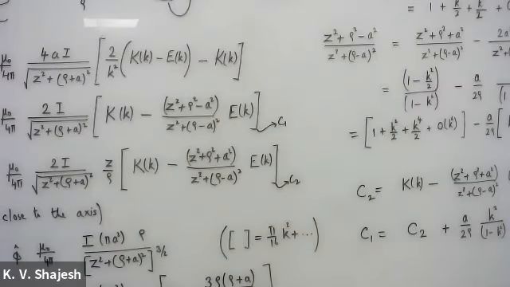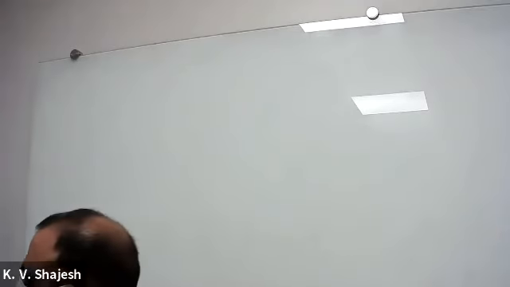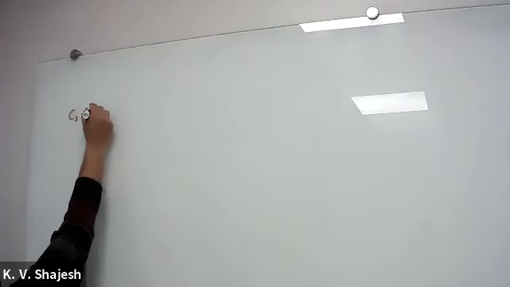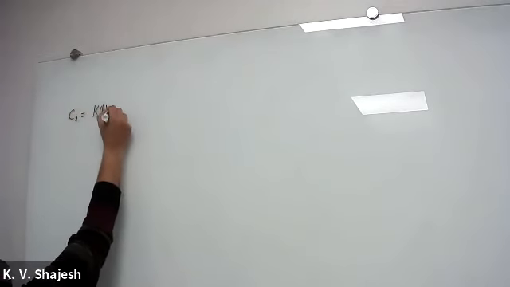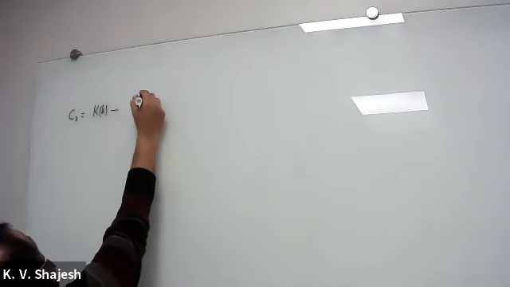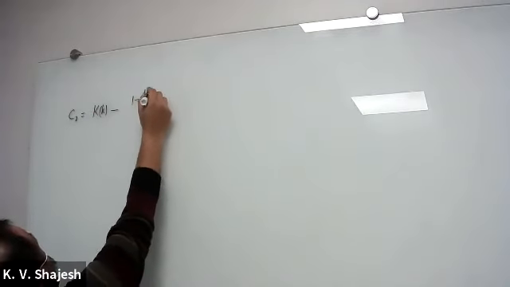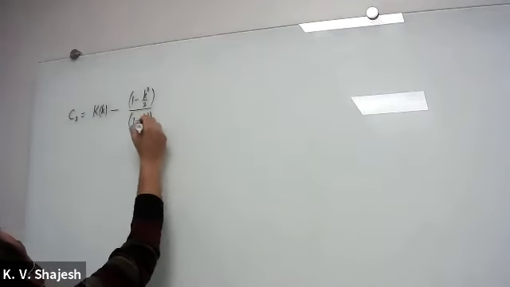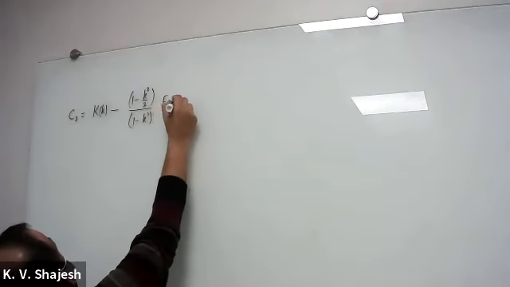We already worked on C2 last time, and I can quickly sketch what that is. So C2 would be equal to k minus (1 − k²/2) over (1 − k²) times E of k.